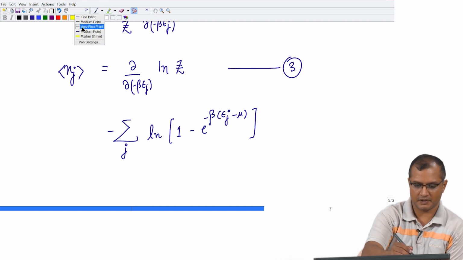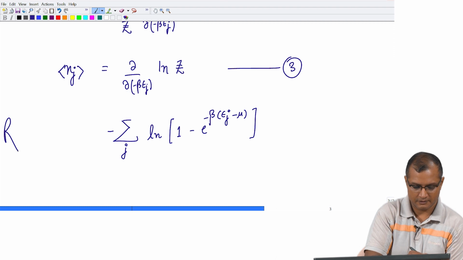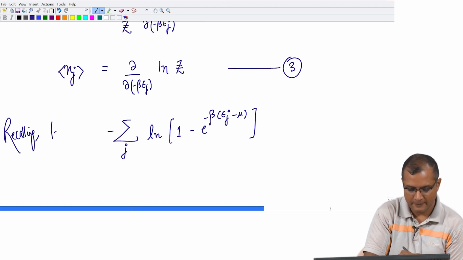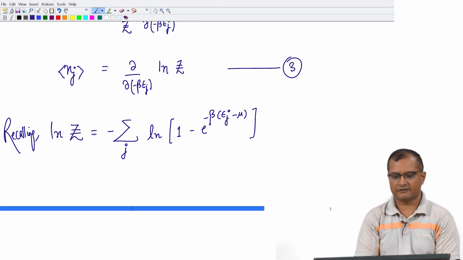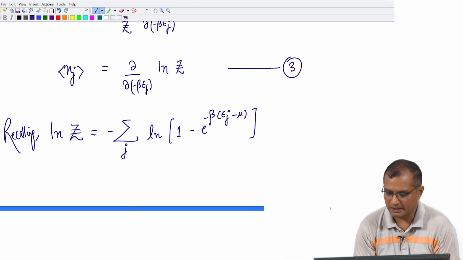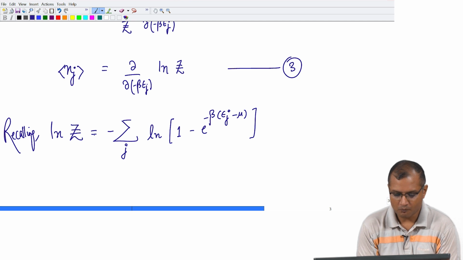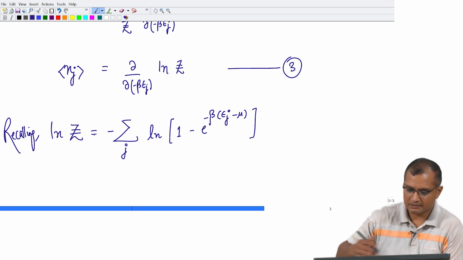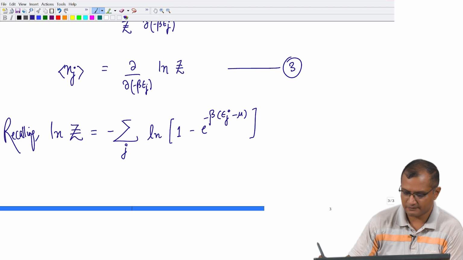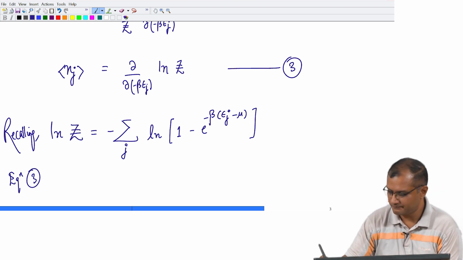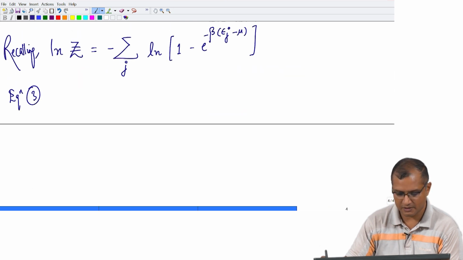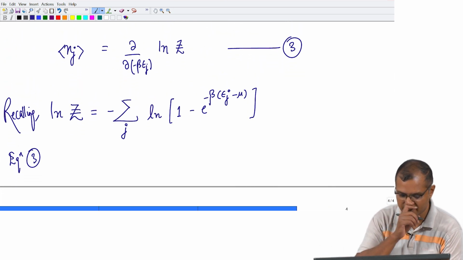So, this is the expression for ln z. Recalling that ln z is given as negative summation over ln 1 minus e raised to minus beta times E j minus mu, I can take the derivative and obtain the average value of n j. Let us finish this derivative.